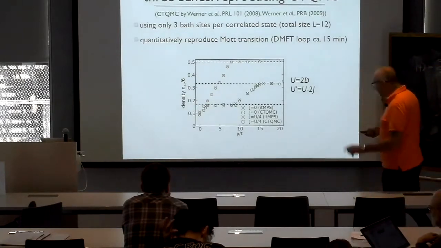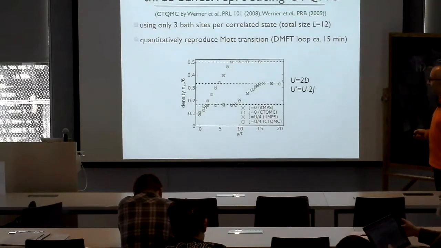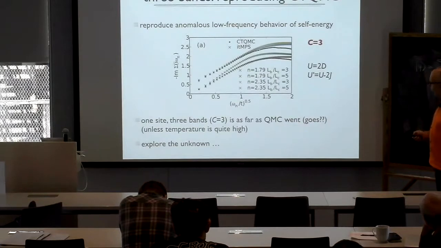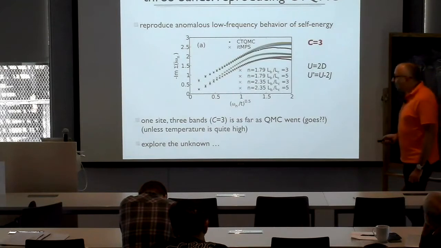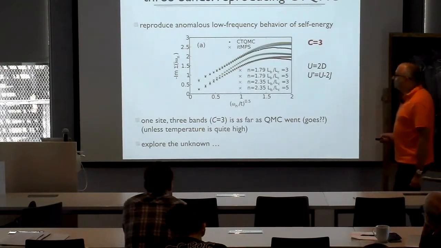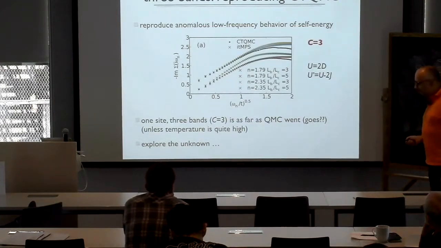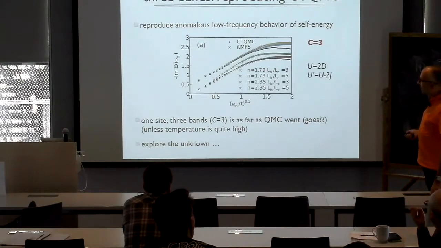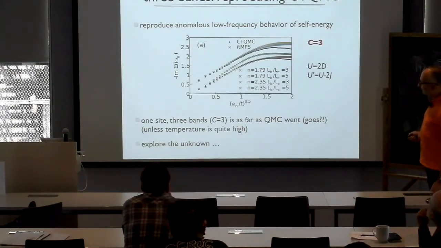But this is actually one of the issues which we ran into, that here we got extremely good agreement, by looking at the density as a function of the chemical potential. And to do something more complicated, we looked at the self-energy, where these guys had observed that the imaginary part of the self-energy has nice features because there is a phase transition from a Fermi liquid to a phase where magnetic moments are developed, which means that the self-energy at low frequency changes.